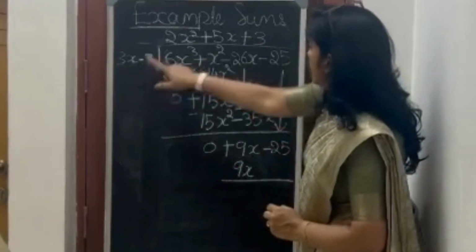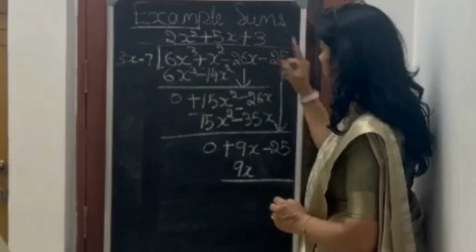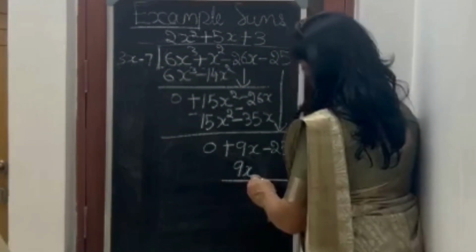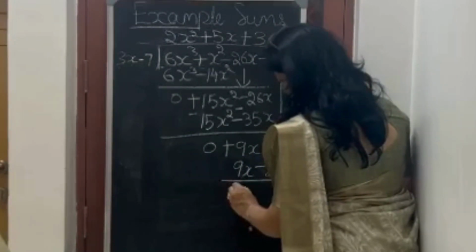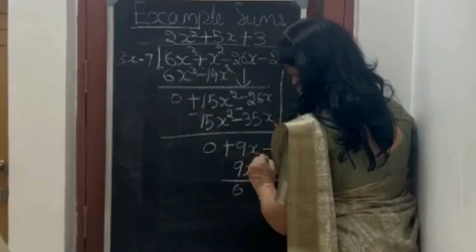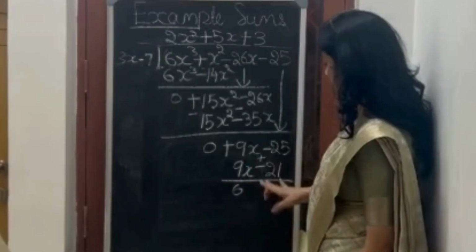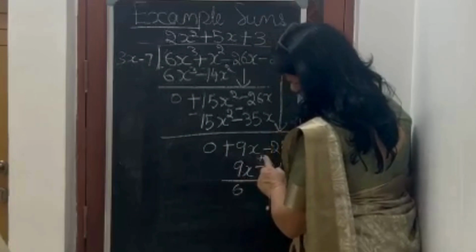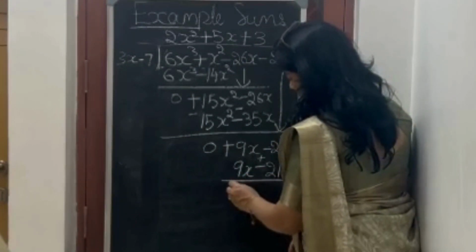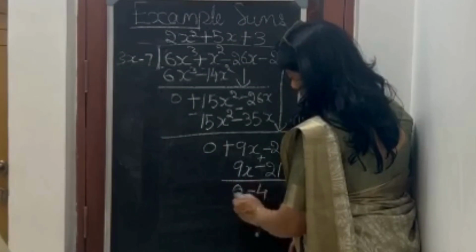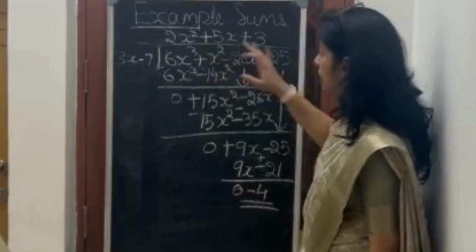Now minus 7 into plus 3 is minus 21. So this is 0 and minus and minus will become plus, because it's a subtraction. So I'll get plus 21, minus 25 gives minus 4. Minus 4 is the remainder and this is the answer.